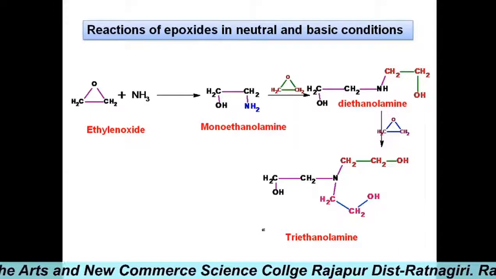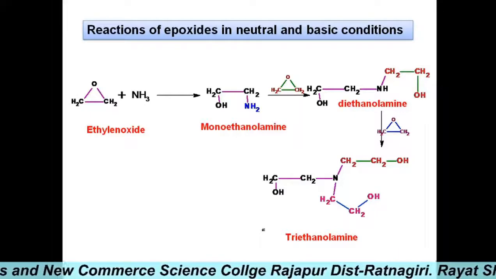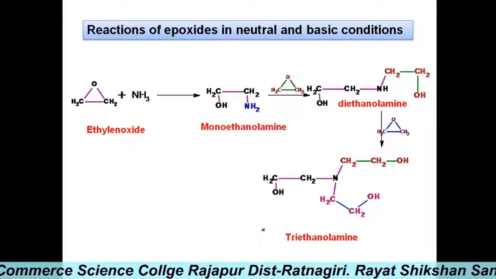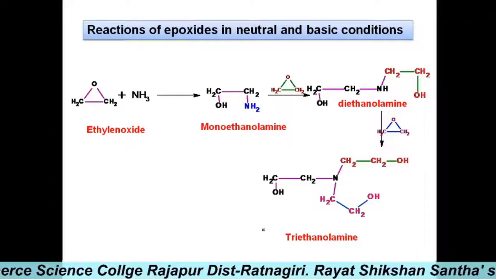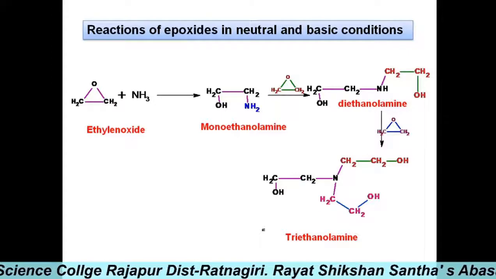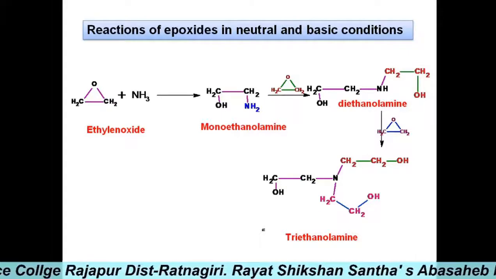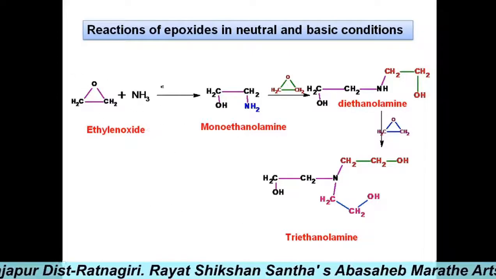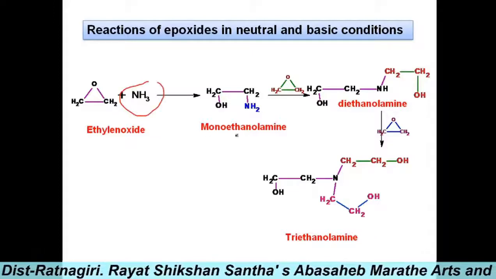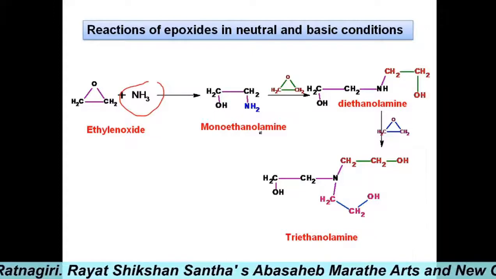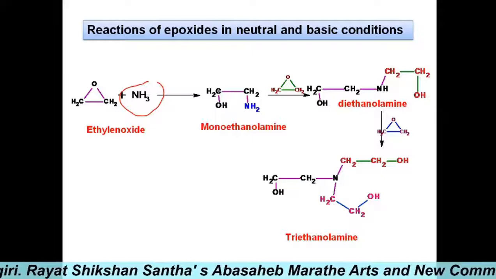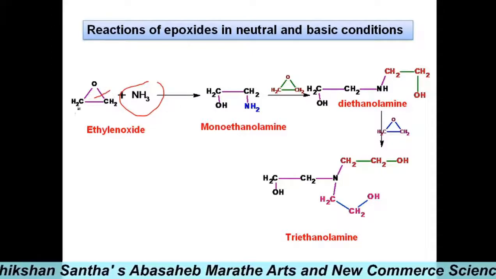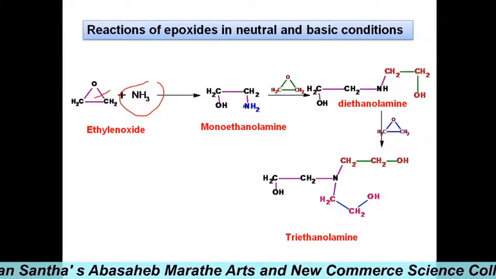We have seen that ethylene oxide, when reacted with ammonia, forms a mixture of three amino alcohols, which are known as ethanolamines. In this example, ethylene oxide is treated with ammonia to give the product monoethanolamine, with the ring opened, OH on this side and NH2 on that side.